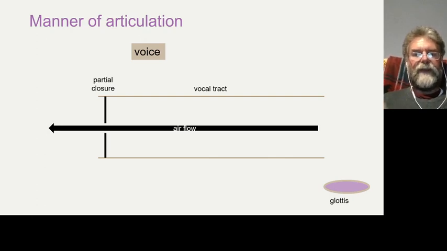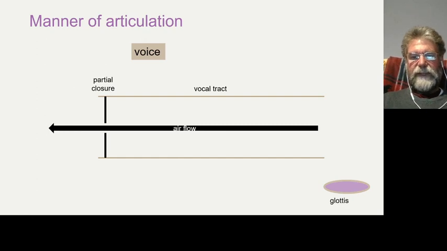Okay, so when you vibrate your glottis, you get this sound, ah. Now you can do that at the same time as producing a fricative. It requires air to flow through your glottis in order for you to be able to vibrate it, but that's obviously what's happening with a fricative. You are releasing air through this small gap.